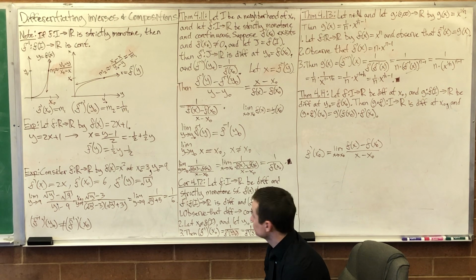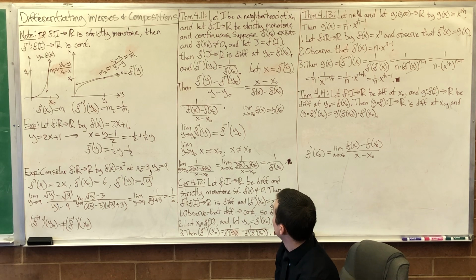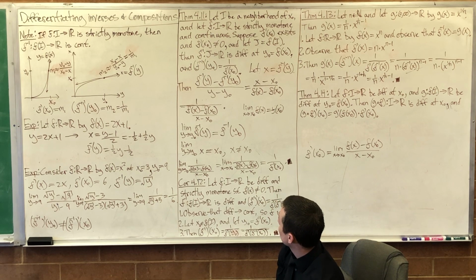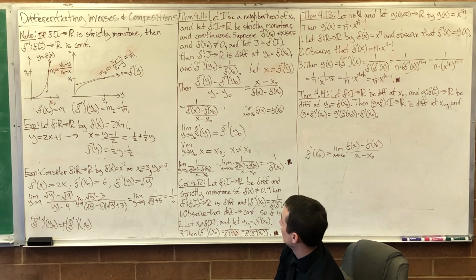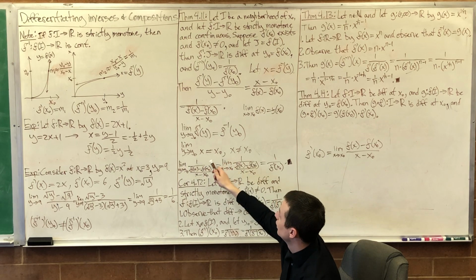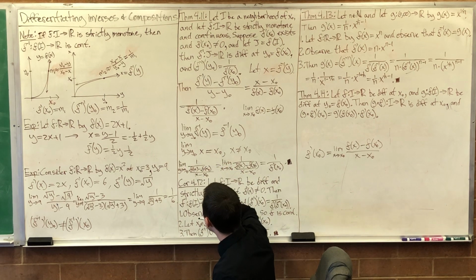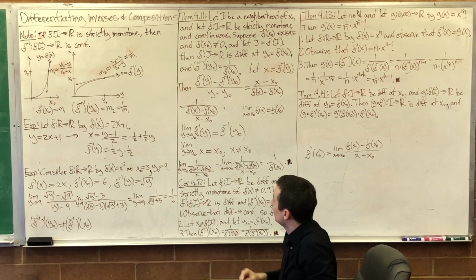Is that limit saying that y naught is equal to x naught? No. Well, you're saying right here? Yeah, if you're just taking the limit as it goes to y naught, don't you just substitute that constant in?